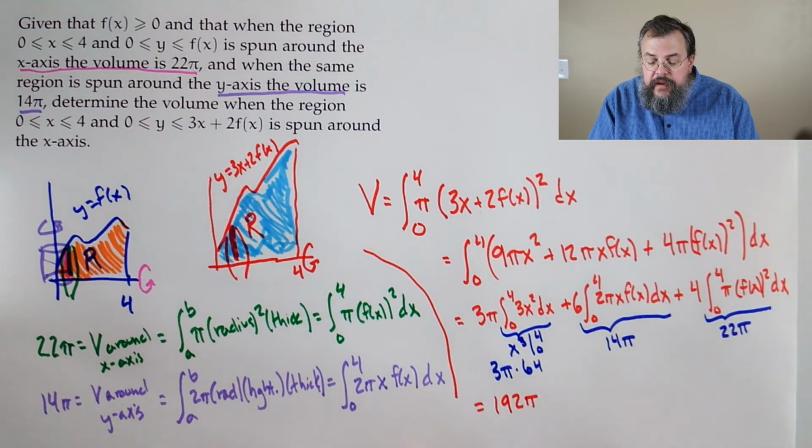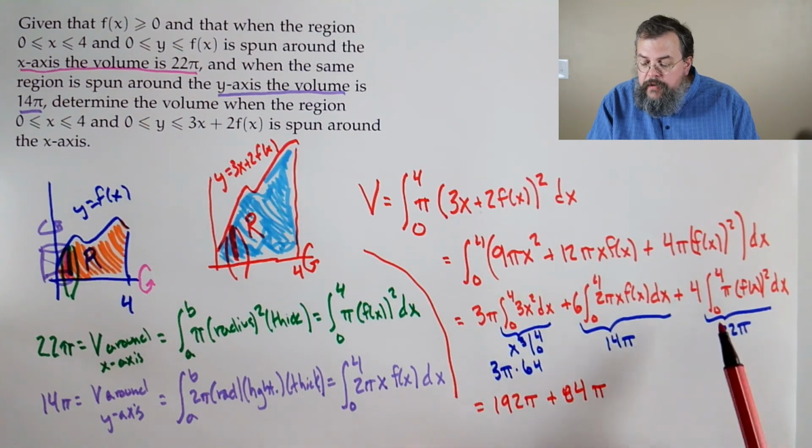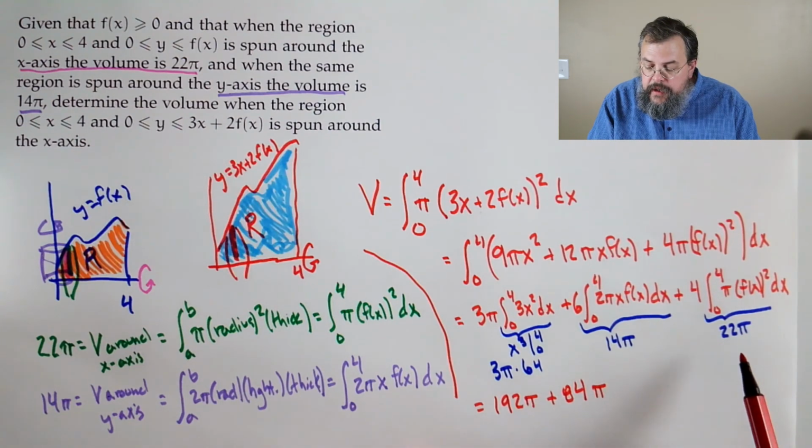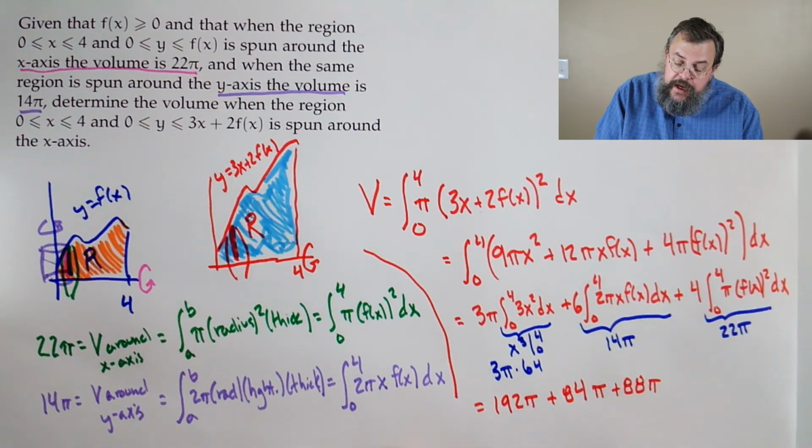Well, 6 times 10 is 60. 6 times 4, 24. So that would be 84. All right, so 84 pi. Good. 4 times 22. Well, 4 times 22, 88. So 88 pi.